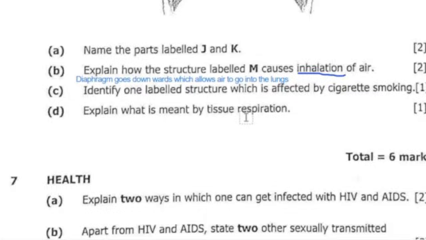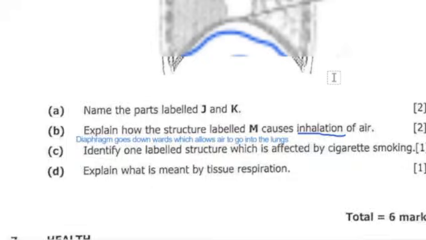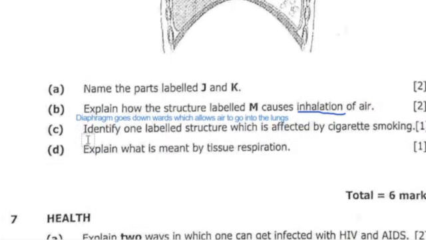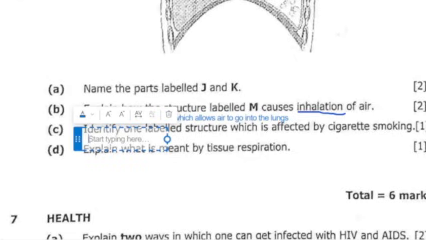We go to question C, which is identify the labeled structure which is affected by the cigarette. Okay, so the labeled structure that is affected by the cigarette is lungs. Both lungs are affected by cigarette, not only the right lung. So I'm just going to put the word lungs.